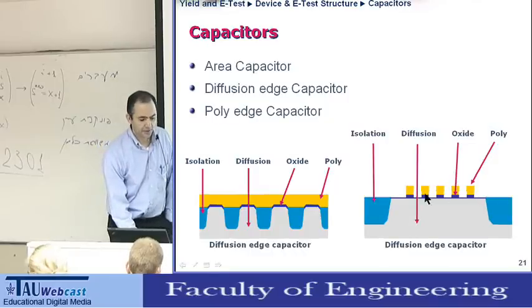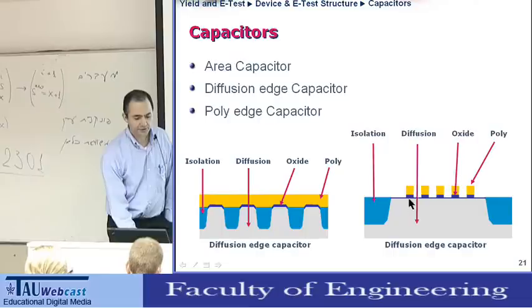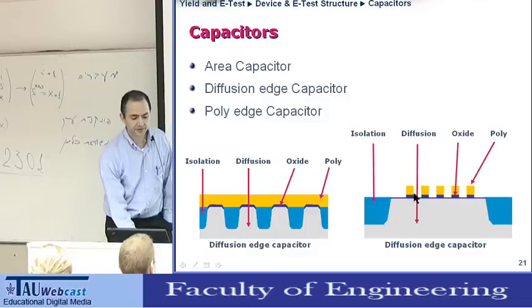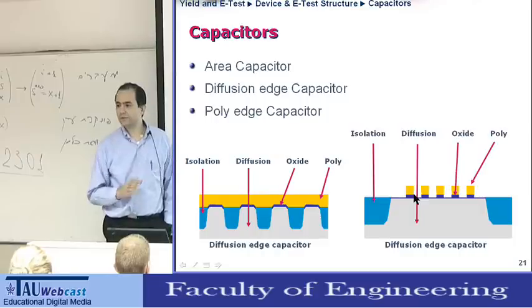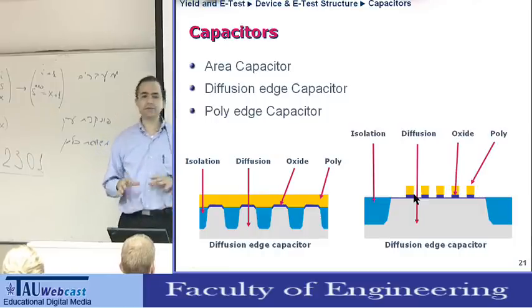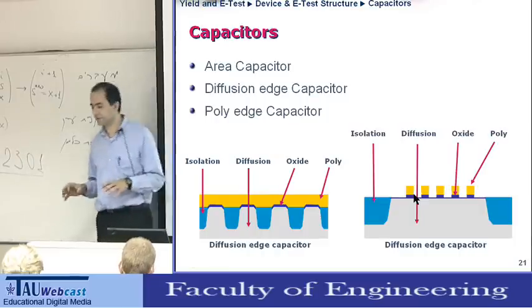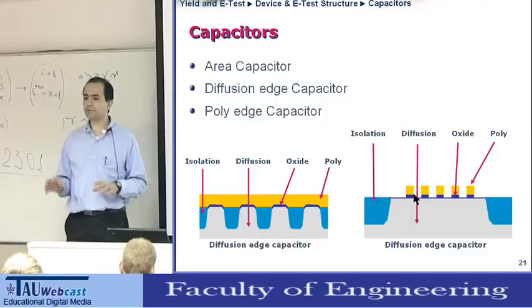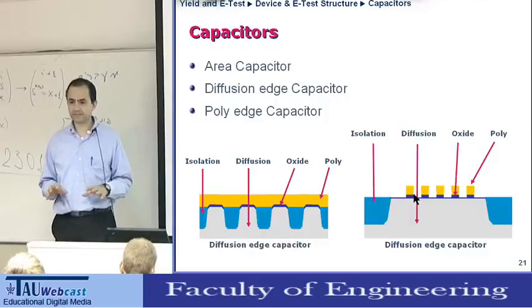Here we take structures which look like transistors, which don't have an isolation edge, but have an edge with poly. So if, for example, during poly etch, we make a systematic issue at this edge, we will find it with this capacitor. So the different kinds of capacitors allow us to differentiate between different problems in the process.